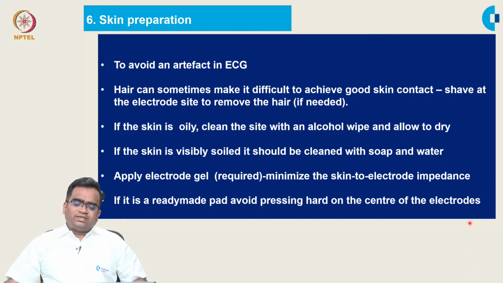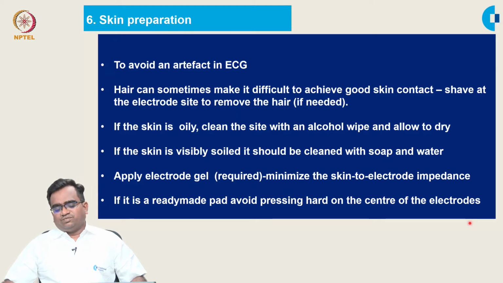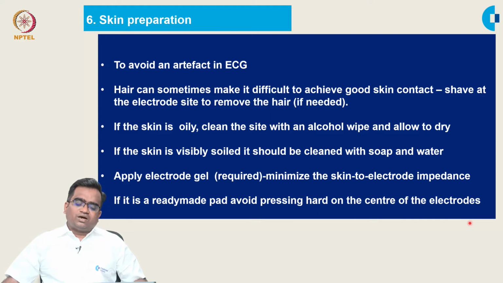In order to avoid that, wherever you are going to place the electrode, that particular area alone has to be cleaned, and the hair present in that area has to be shaved. If the skin is oily, clean the site with alcohol and wait till the alcohol dries. If the skin is visibly soiled, it should be cleaned with soap and water.